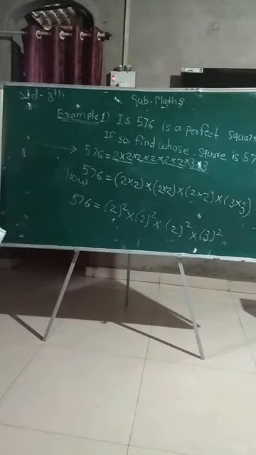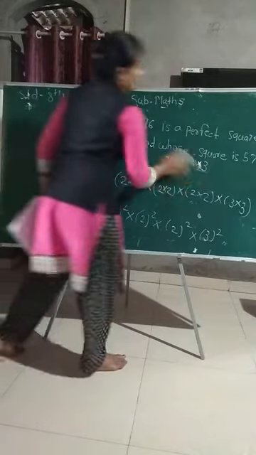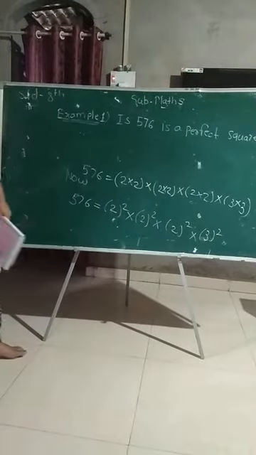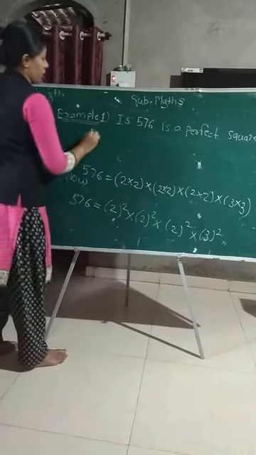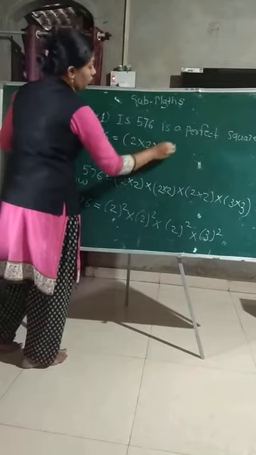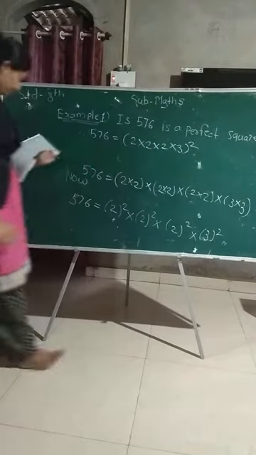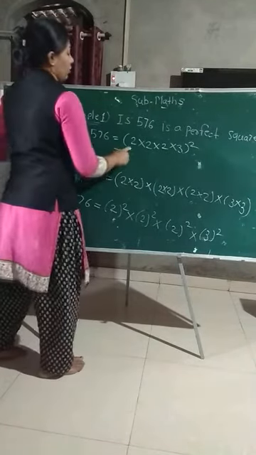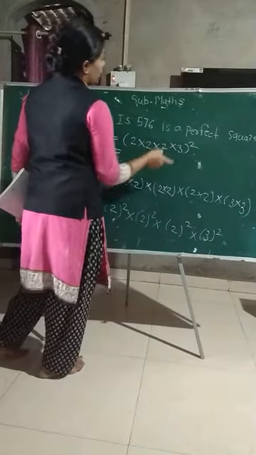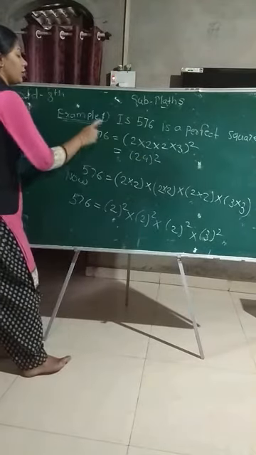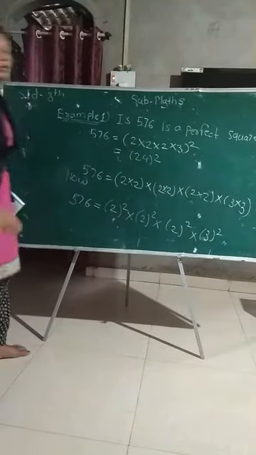In common we write 576 is equal to (2 into 2 into 2 into 3) squared, which is 2 times 4 is 8, 8 times 3 is 24, so 24 squared. So 576 is equal to the square of 24.